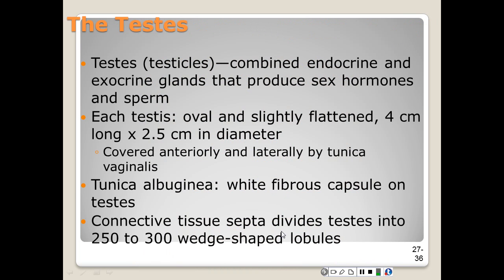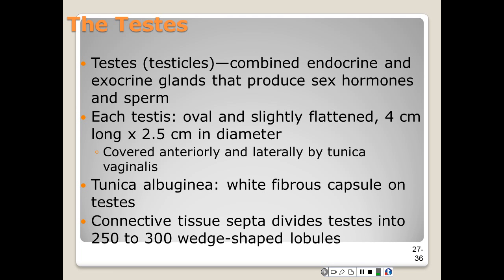So when we look at the testes, they are combined endocrine and exocrine glands that produce sex hormones as well as sperm. Each testis is oval and slightly flattened. They're about 4 centimeters long, about 6 centimeters from anterior to posterior, and 2.5 centimeters wide.